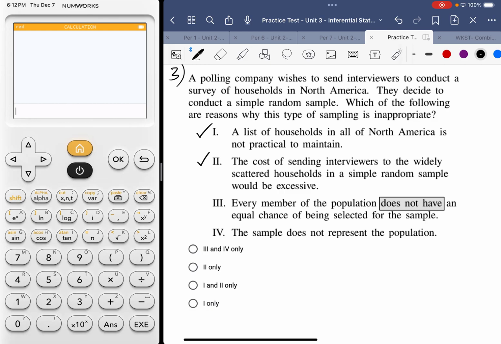And there are drawbacks to simple random samples. One of those drawbacks is that it could over-represent certain areas. For example, if I were to do a simple random sample of 500 households in North America, it is possible, based on the nature of randomization, that every single one of those 500 households could be located in New York State.